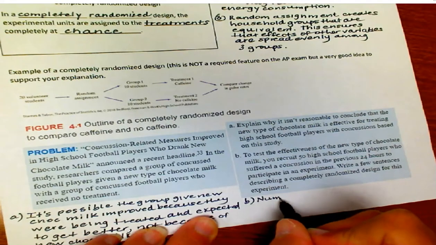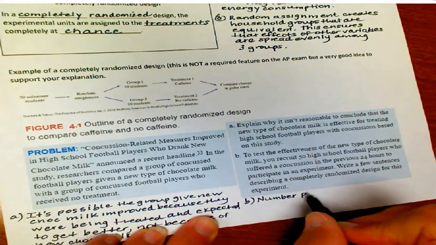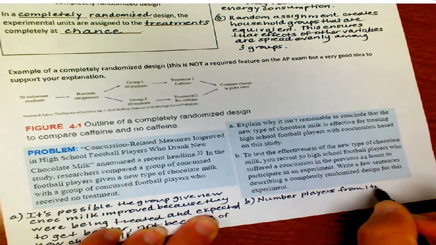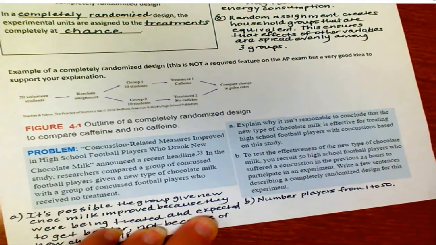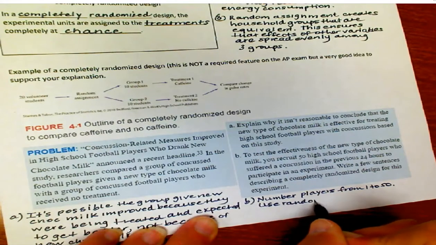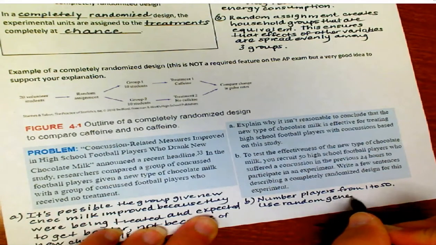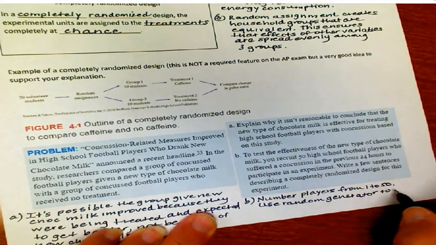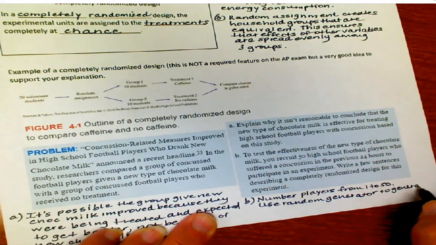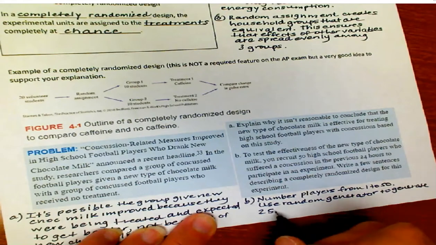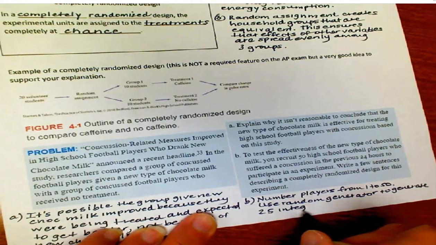You could number players from 1 to 50. Use a random generator to generate 25 integers from 1 to 50, because you want to cut it in half.